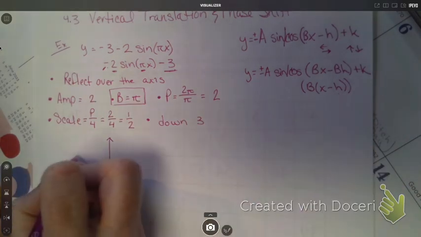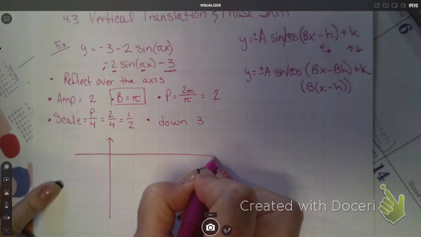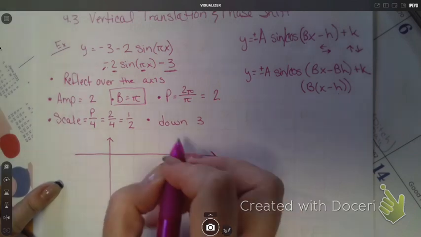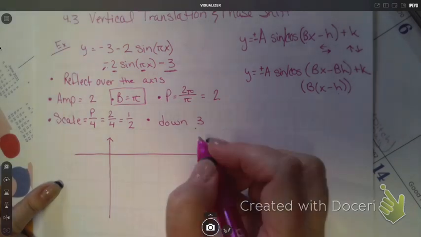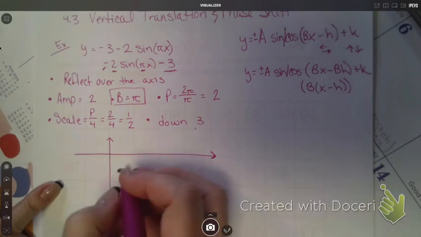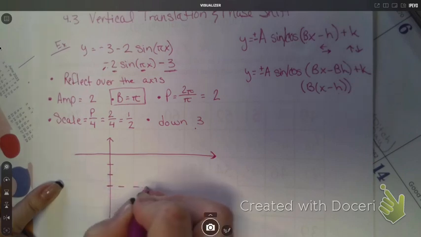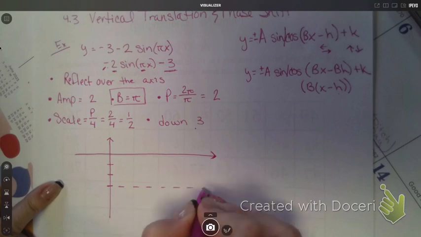And I'm going to make my graph look like this. Why am I making my graph look like that? Because it moves down 3, right? So the axis of the curve was at 0. Now it's at what? -3. So give yourself an imaginary axis of your curve.